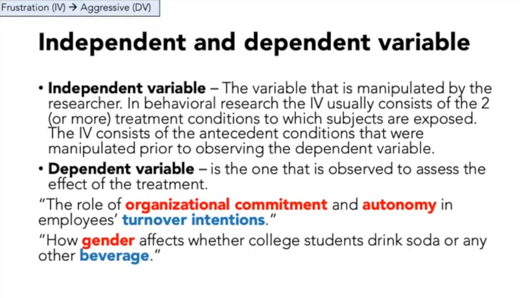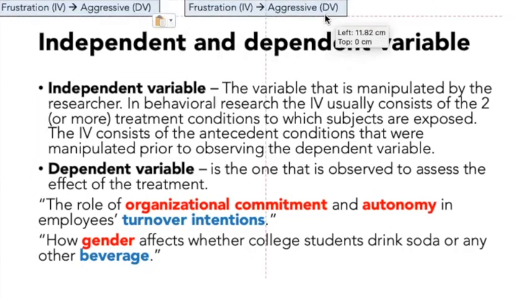Now, as I was teaching research, one of the biggest questions I always had was how to explain independent variable and dependent variable in a clear way, if we haven't discussed experimental research. Now, whenever you go through a research title, one of the first questions you need to ask to identify the independent and the dependent variable is this.